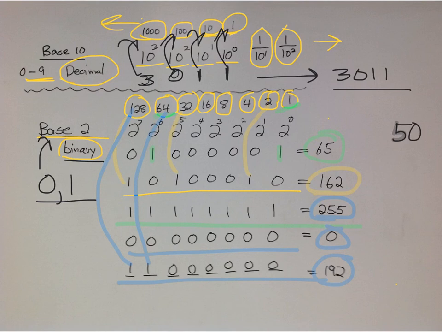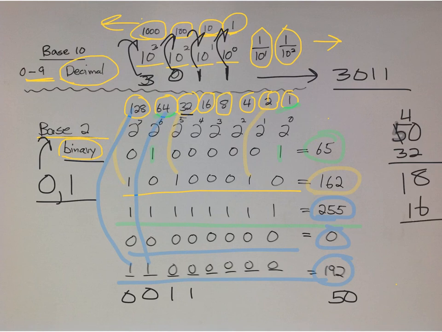So if I start with 50, I have 0 groups of 128, 0 groups of 64, 1 group of 32. Then I have 1 group of 16, and 1 group of 2. That would be 50. Alright, that's it for today.